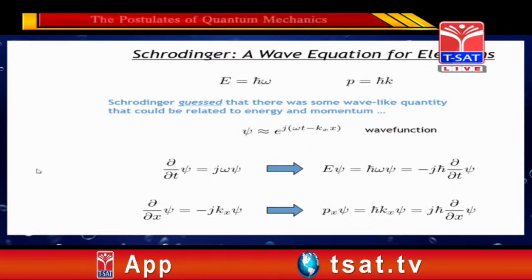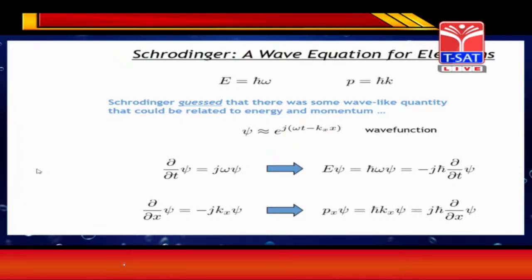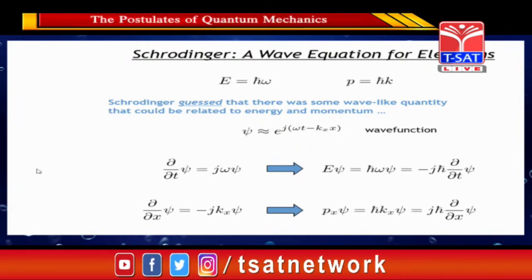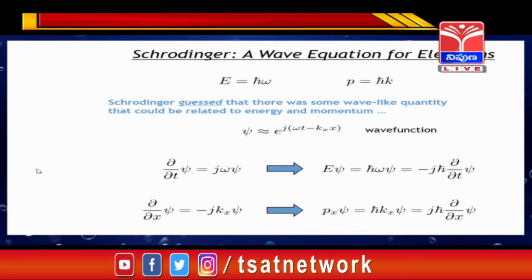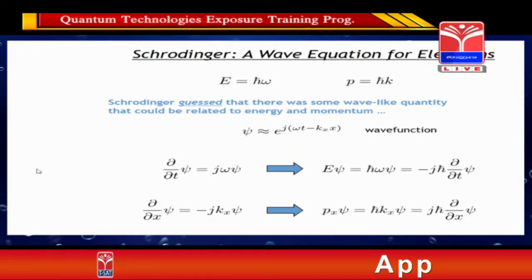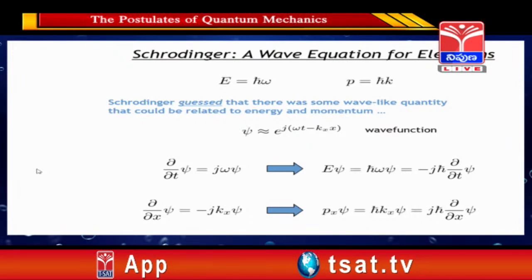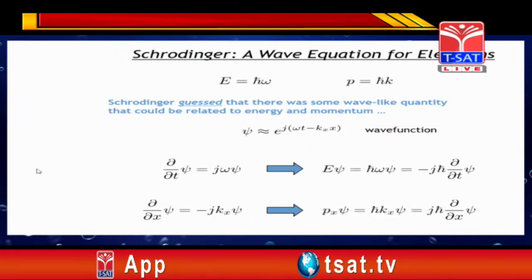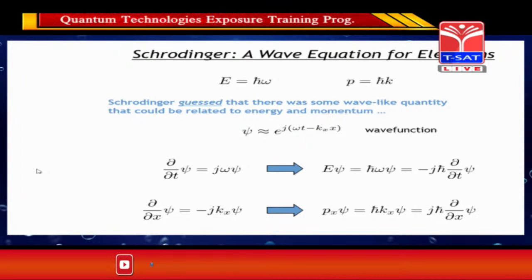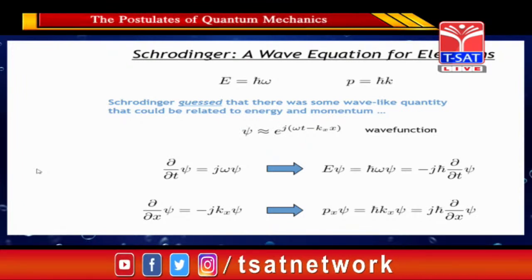So if we want to measure the energy of this wave function, that is basically h bar omega. This is an eigenvalue equation then: the operator acts on the wave function xi, giving the eigenvalue h bar omega times xi. So this I h bar, or minus j h bar del t, is an operator for energy.